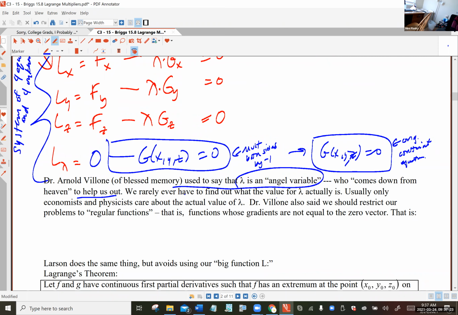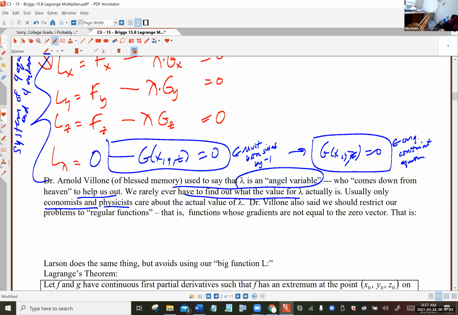So we rarely have to find out what lambda is. That being said, economists and physicists care about the actual value of lambda. They use it for their own purposes. I never ask you for lambda. There might be 1 or 2 homework problems where they'll ask you to go get it, but usually nobody cares.